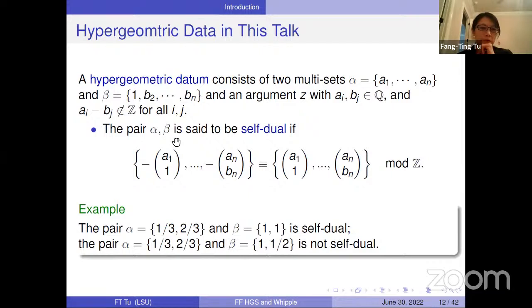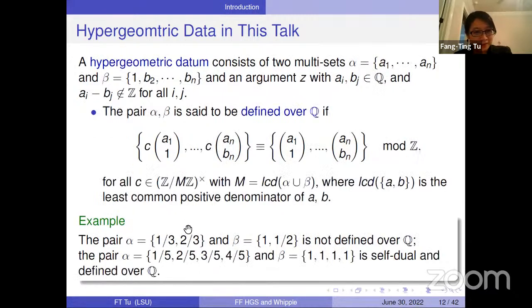Because if we put 1/3 and 1 here, minus 1/3 is congruent to 2/3, and minus 1 is again congruent to 1, but the second column should be 2/3 and 1/2. So it's not self-dual.